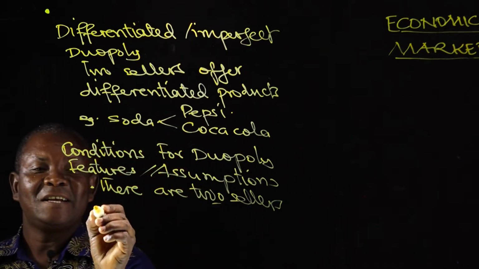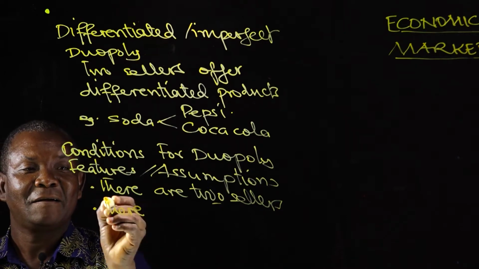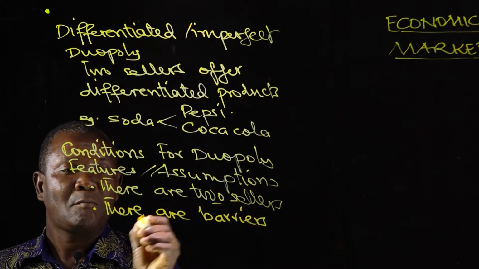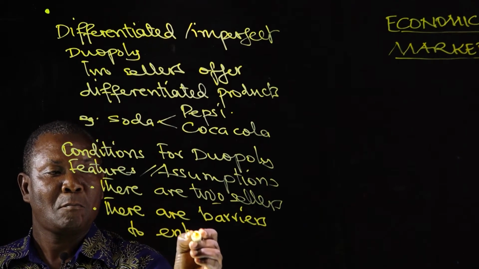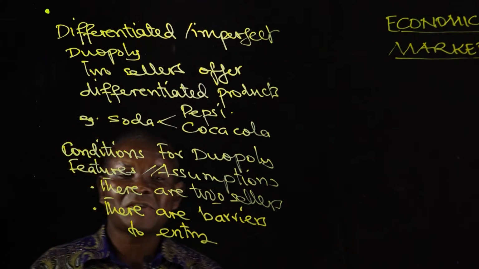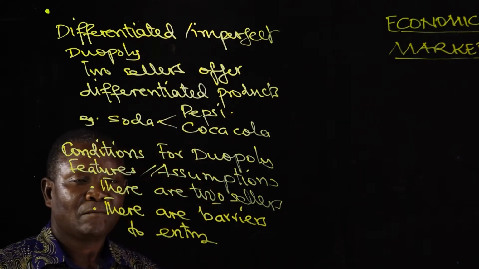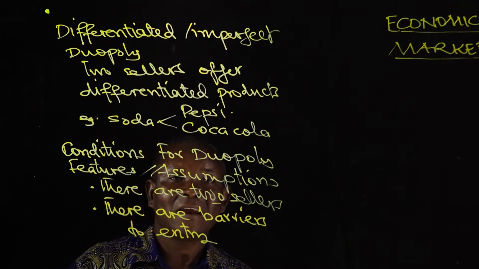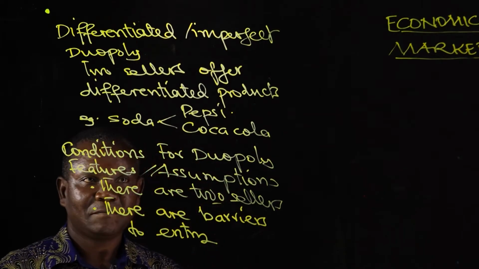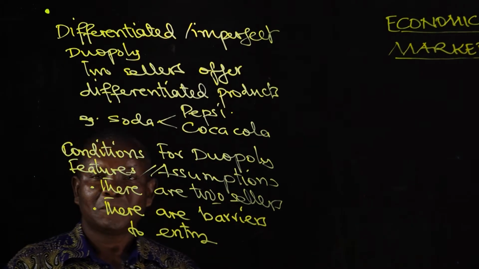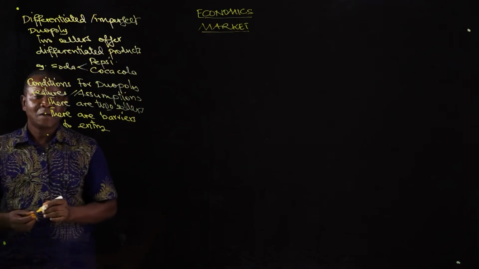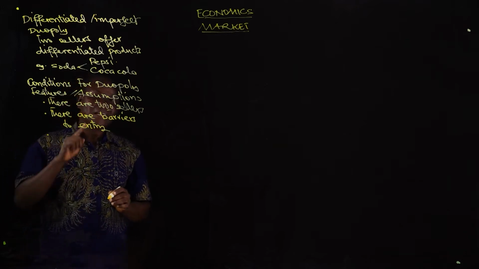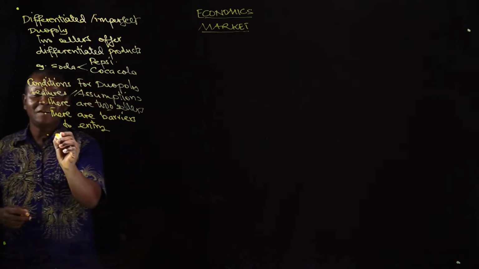Another condition is that there are barriers to entry. There are some restrictions for new firms to enter a duopoly market. Another condition is that commodities can either be homogeneous or differentiated.